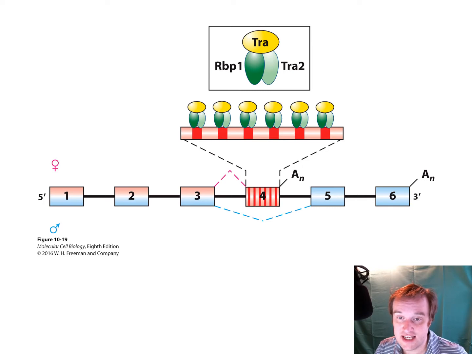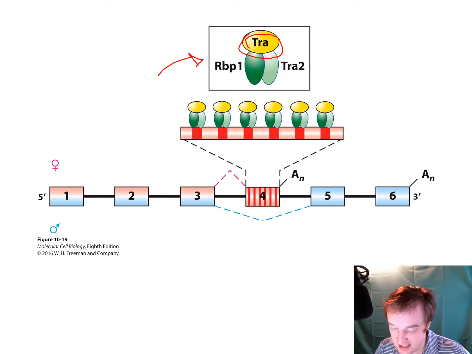So they need TRA up here to be able to form this complex that will interact with exon 4. So then in females, TRA, RBP1, and TRA2, this complex at the top here, will activate exon 3-4 splicing by interacting with these 6 exonic splicing enhancers.